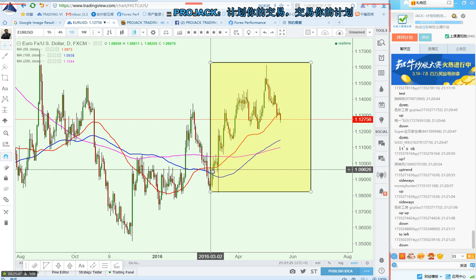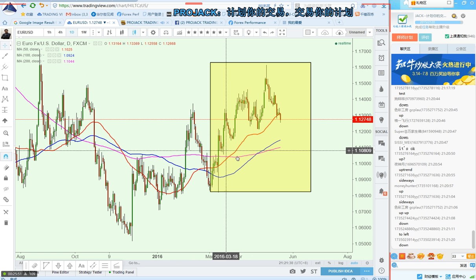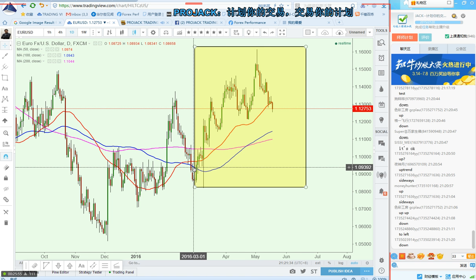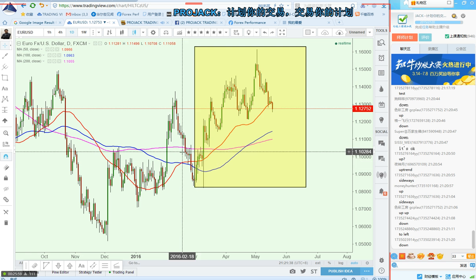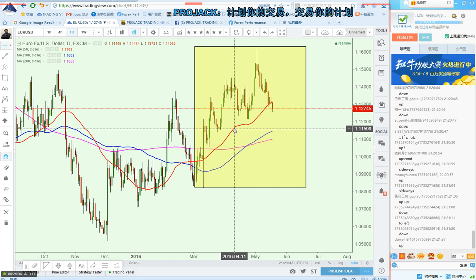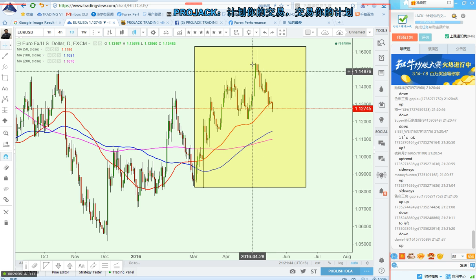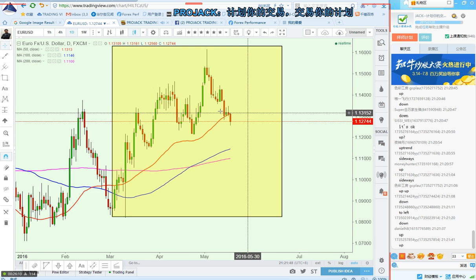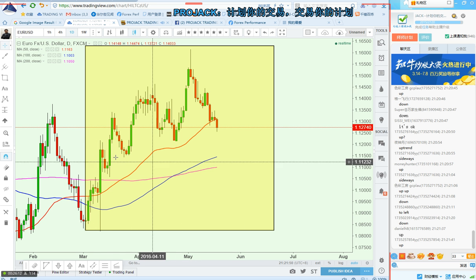You see the 50 days MA golden crosses the 2 MA and the price goes up. So in the recent 2 months, since March, after euro breaks the 200 MA, 50 MA goes up, and the price keeps going up, and now it's come down, right? So now for the recent 2 months, the euro is in the uptrend.